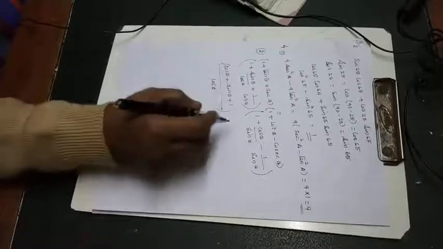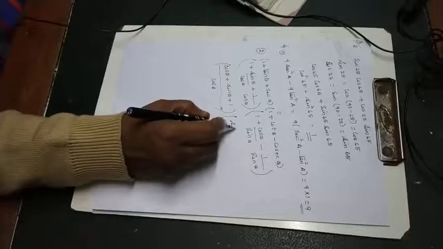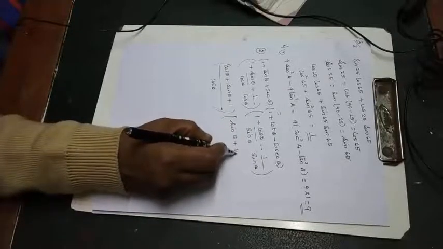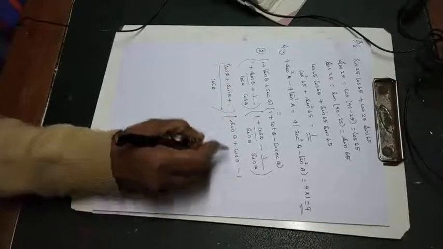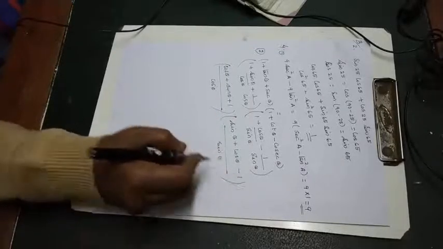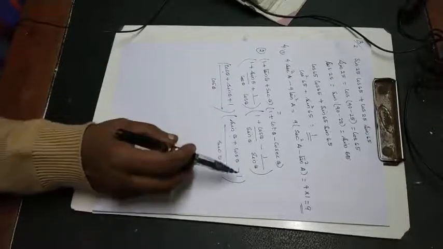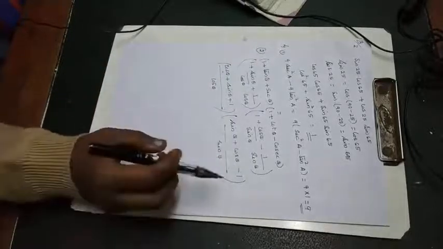Again here you will get sin theta plus cos theta minus 1 by sin theta. Take this cos theta plus sin theta as one term and 1 as the second term.